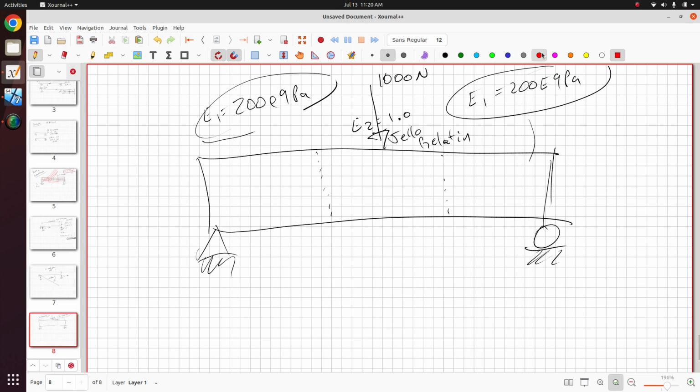So what we're going to see happen here is this portion is going to remain essentially the same, if I remember correctly. It's going to remain stiff. It's going to behave like a rigid body. But then here, for the middle portion of this, it's actually going to deform a lot.